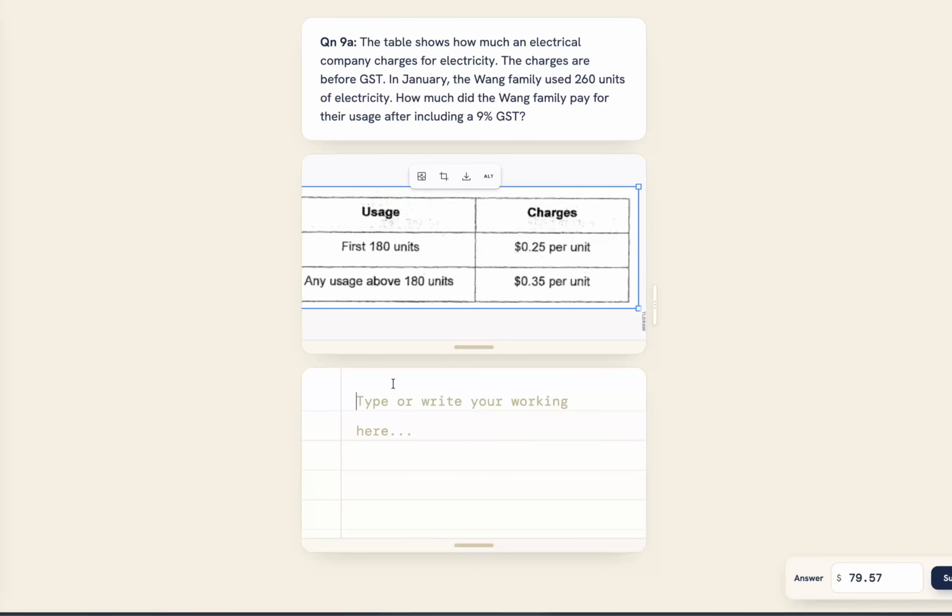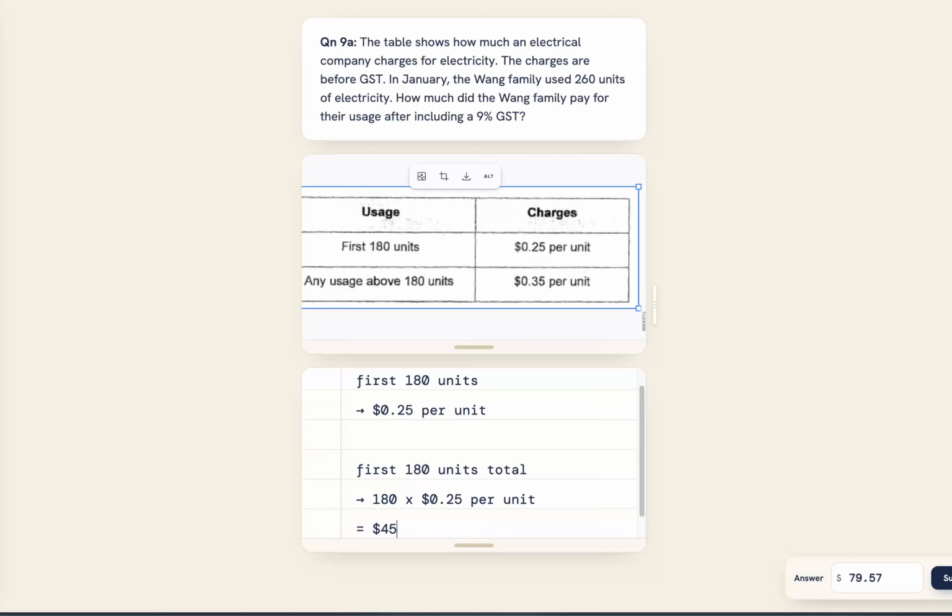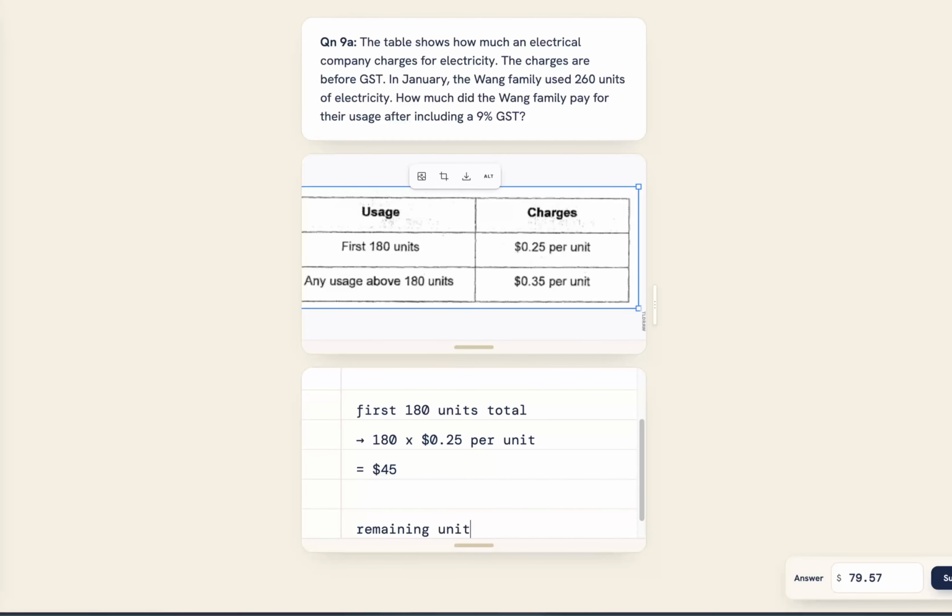So from the table, it says the first 180 units cost $0.25 per unit, which means the first 180 units total would be 180 times 25 cents, which is $45. The remaining units will be 260 minus 180, which is 80 units. The remaining units cost 80 times 0.35, which is $28.